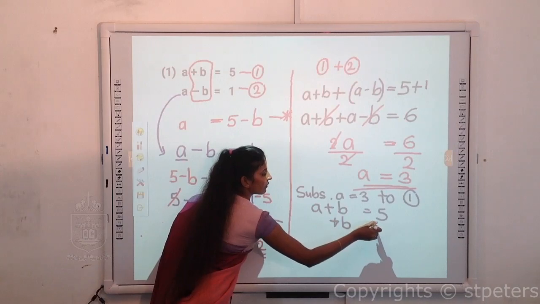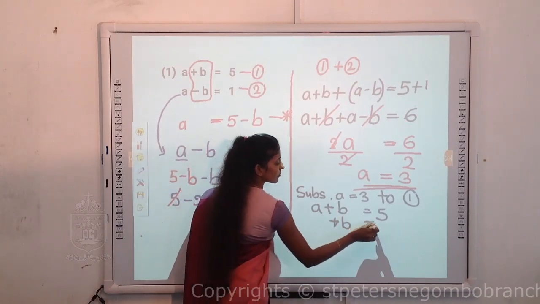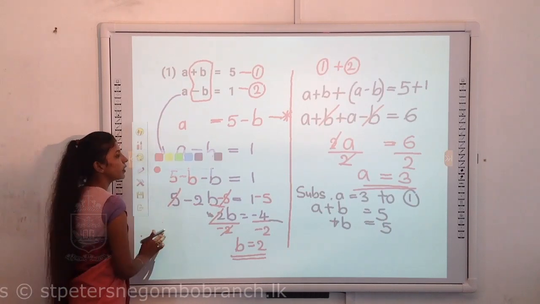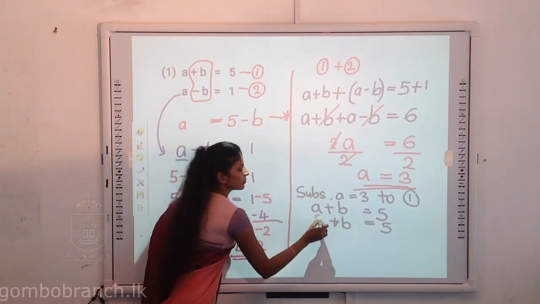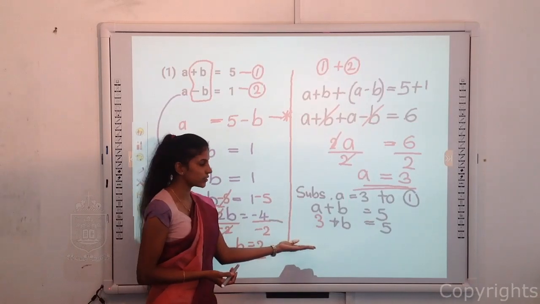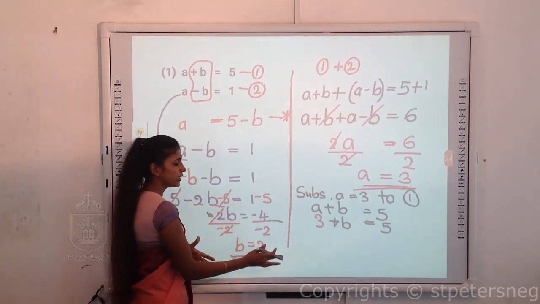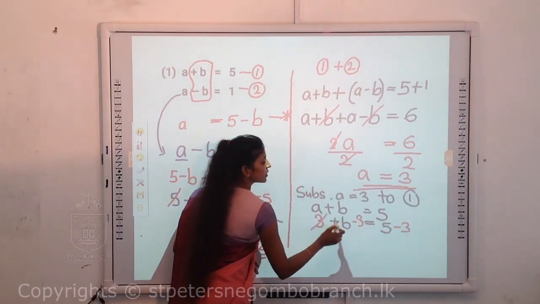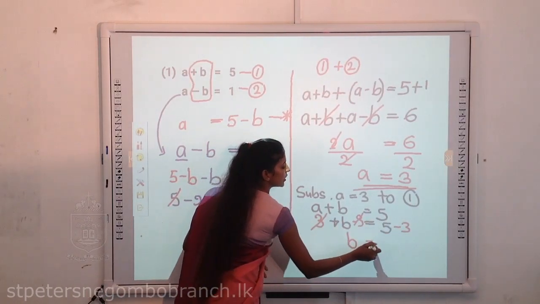Okay, here you have 5. Now instead of a, we have already found the value, that is 3. Value of a is 3. So you can substitute that. And then this is a normal linear equation where you can subtract 3 from both sides. So answer of b is 2.